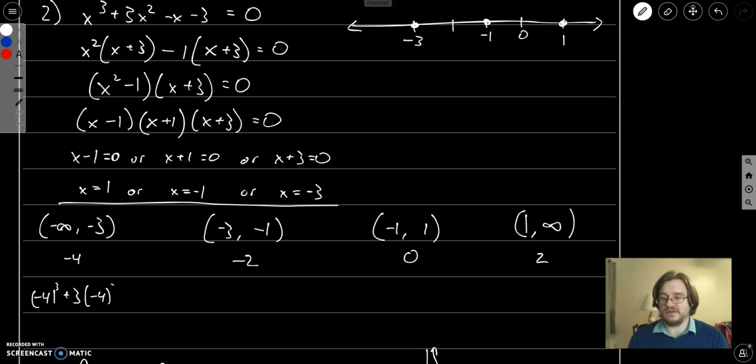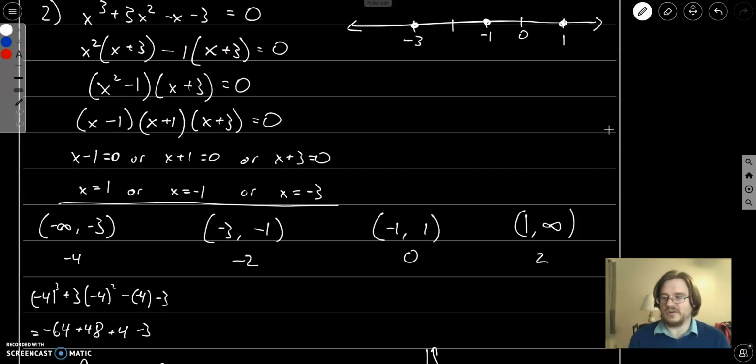So again, if I plug negative 4 into my expression, we'll have negative 4 cubed plus 3 times negative 4 squared minus a negative 4 minus 3. Negative 4 cubed is going to be negative 64. Negative 4 squared is 16 times 3 is 48. Minus a negative 4, well that's plus 4, and we have a minus 3.